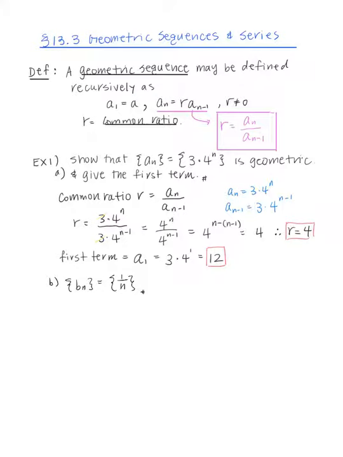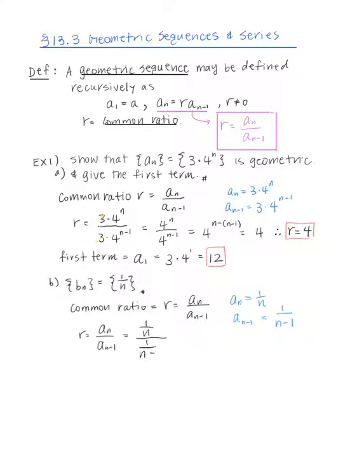Let's do another one. B sub n is 1 over n. Let's try to figure out whether this sequence is geometric or not. Step 1, find a common ratio. Our a sub n is 1 over n, and a sub n minus 1 is 1 over n minus 1. So our r is a sub n over a sub n minus 1, which is 1 over n, whole thing divided by 1 over n minus 1.